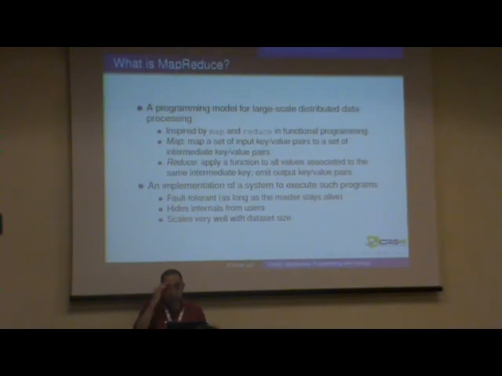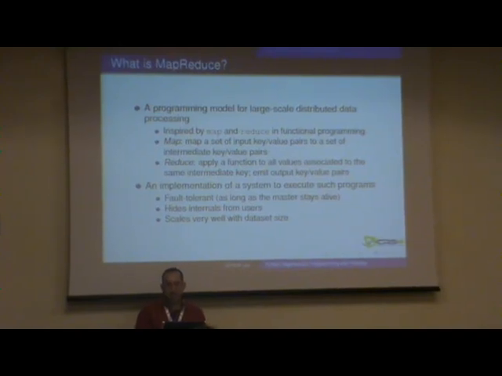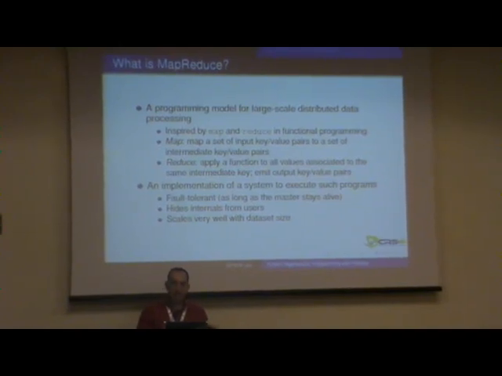Okay, so what is MapReduce? MapReduce is a programming model for large-scale distributed data processing. It is inspired by functional programming. The model assumes that data are organized according to a key-value pair flow.